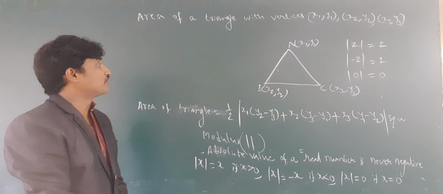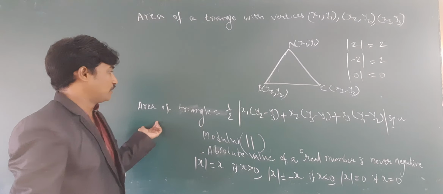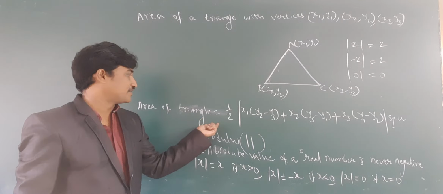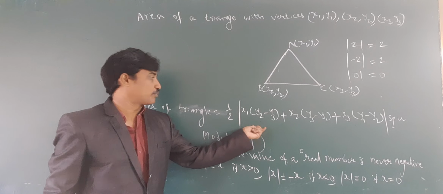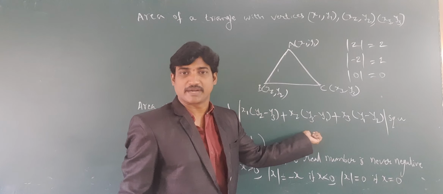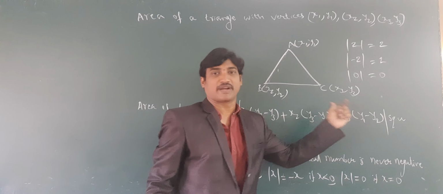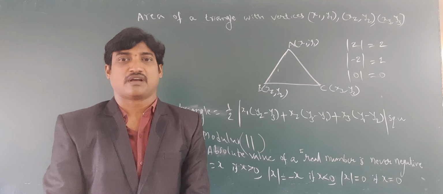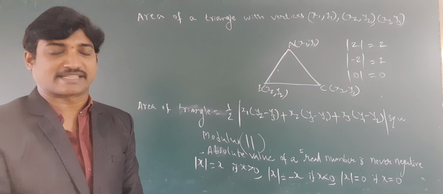Now let us prove the formula. Area of triangle is equal to half modulus x1 into (y2 minus y3) plus x2 into (y3 minus y1) plus x3 into (y1 minus y2) square units.